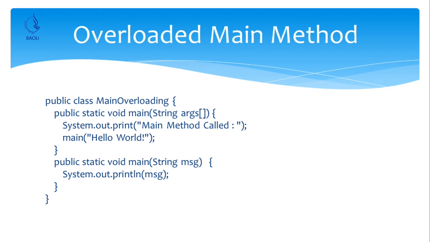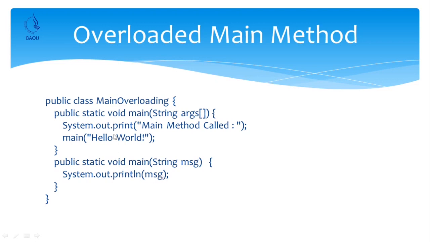Now, we take an example of how to overload the main method. The standard definition of the main method is public static void main, and it takes a string array as an argument. Here you can see another definition of main, which is also public static void main, but instead of a string array, we have one string variable passed as an argument and it displays that value on screen.